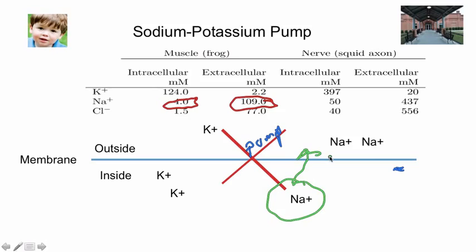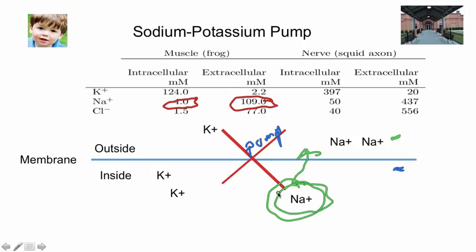They don't want to go out there. Diffusion would bring them back in because there already is a lot of sodium outside. They want to stay inside, but the pump grabs those sodium ions and just flings them out.